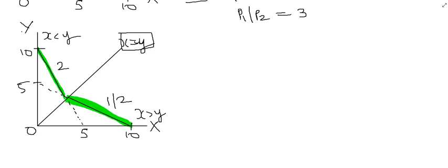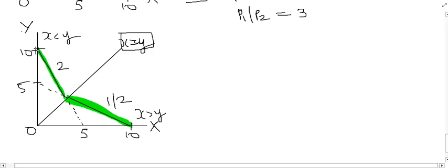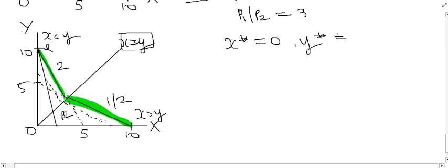Our price ratio is 3, so our budget line would be steeper than this segment also. So our budget line would be somewhat like this. Now the highest IC we can reach is this point only, because any IC before this would be suboptimal. We will not be consuming the desirable quantities, and this would be the only equilibrium bundle where x star equals 0 and y star equals m by p2.